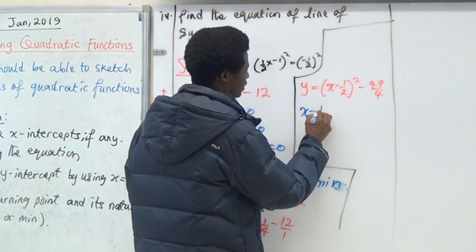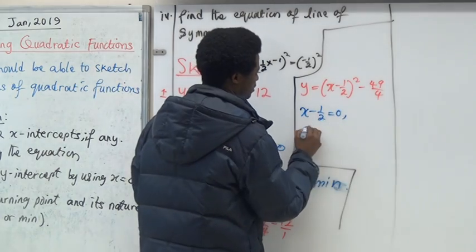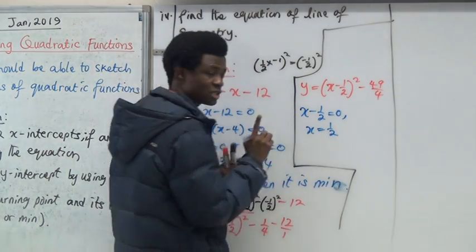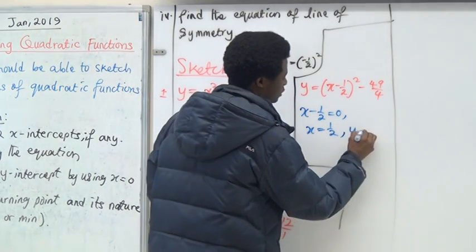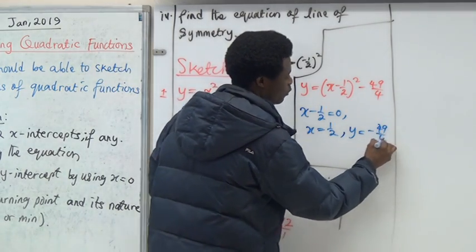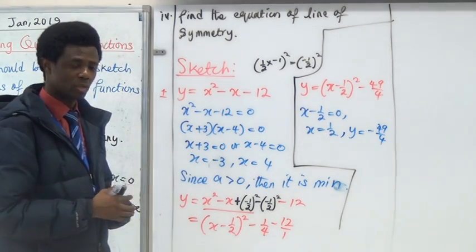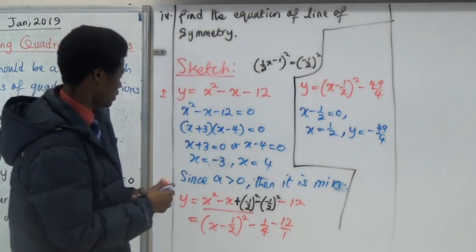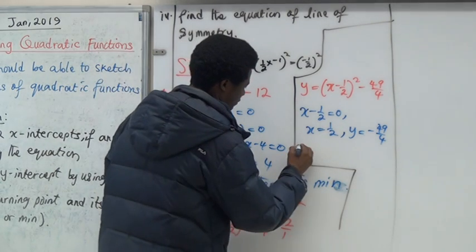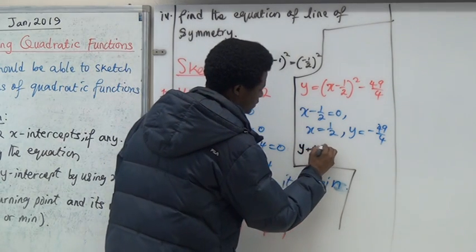So if x minus half is 0, it means x is equal to half. So that is the x value. And the y value is what? Negative 49 over 4. Okay? So we know, do we know the y-intercept? Yes. What is our y-intercept?